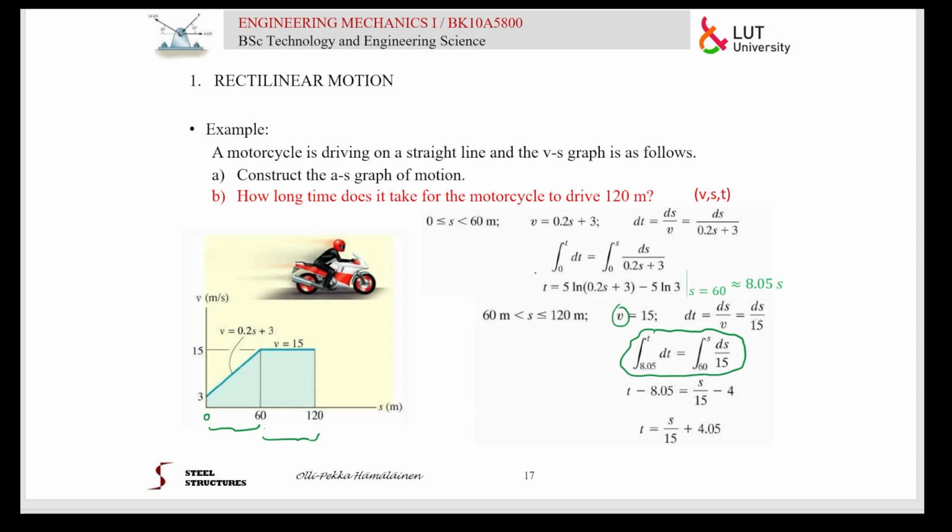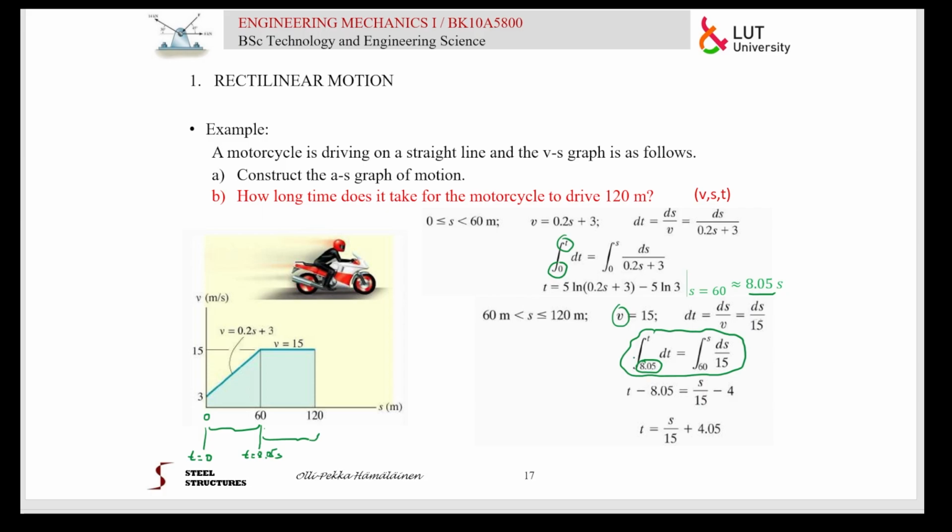Now, in the first integral, my integration limits were from 0 to t, meaning that if this is the t-axis, 0 here was 0, and then t equal to 8.05 seconds here. But when analyzing this segment here, I don't start from 0 because some time has already elapsed. That's why the lower limit for the time starts at 8.05, which is the answer I found before.